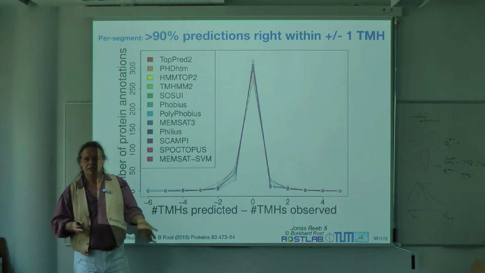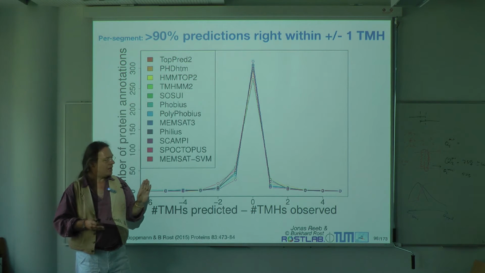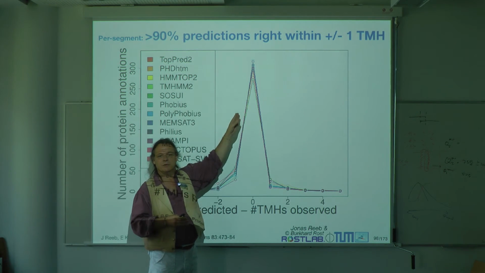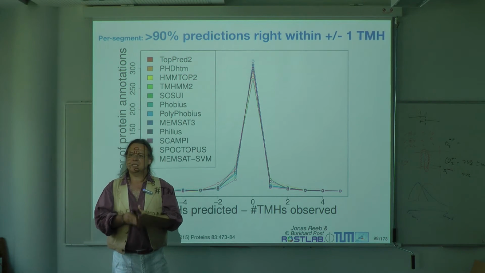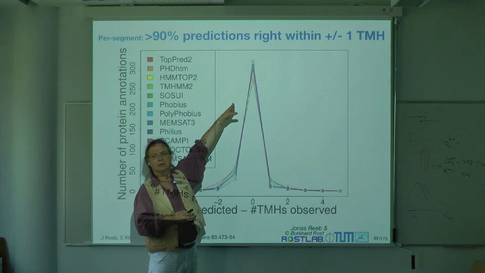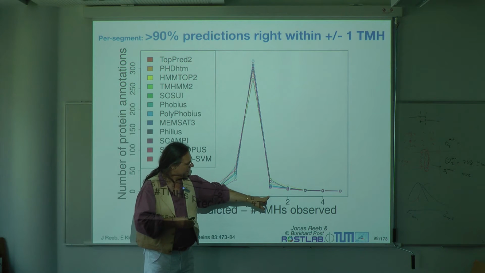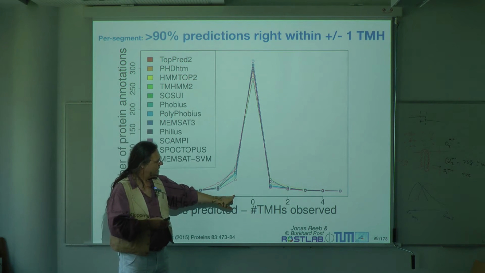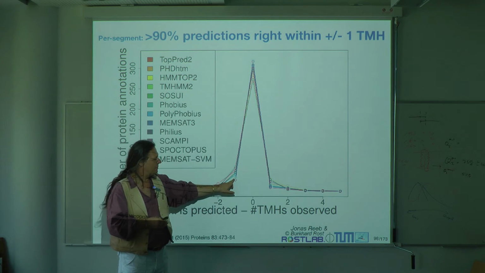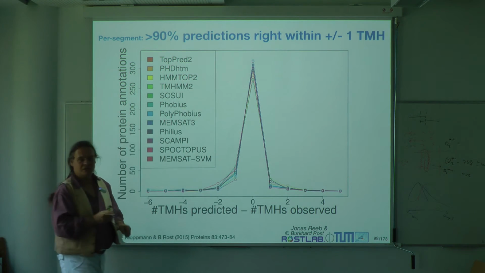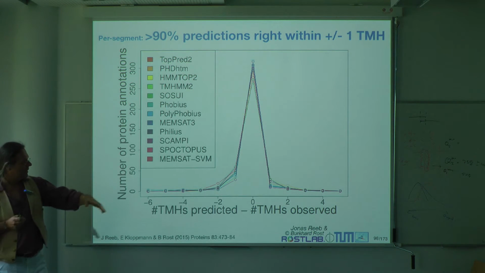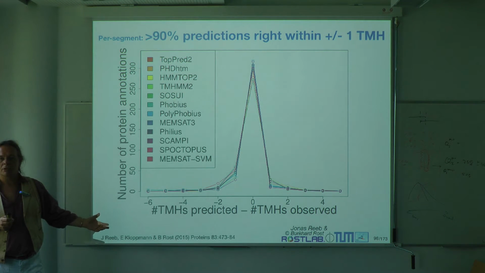So you have 950 cases as a distribution, and you ask for one particular case of the prediction of the 900, what's the distribution of those where the number of helices is exactly right? That's the peak. You predict 1 helix too many, and 1 helix too few. Those are the peaks. And you see that 0 or plus minus 1 helix carries almost the entire distribution.